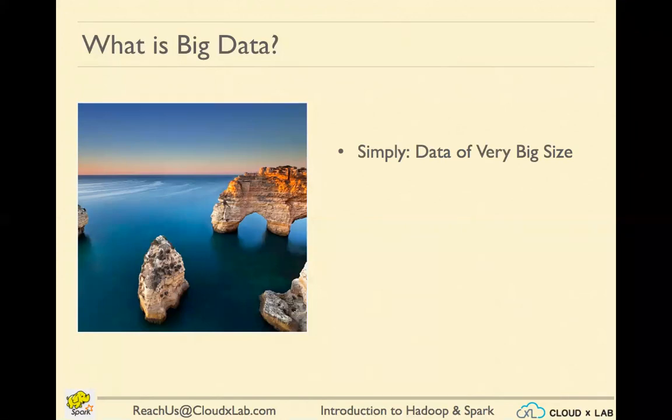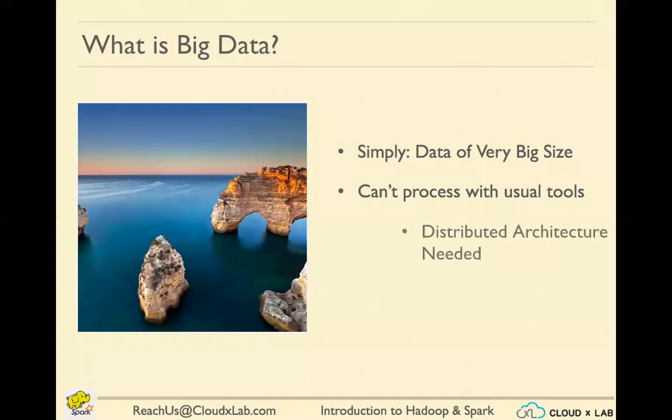Now, in very simple words, big data is data of very big size that you cannot process with usual tools. What do we mean by usual tools? Usual tools are like your file system, your database. And for such data, you require a distributed system or distributed architecture.